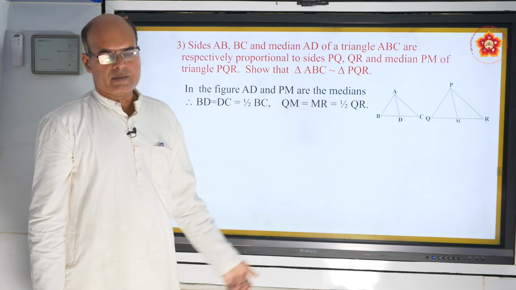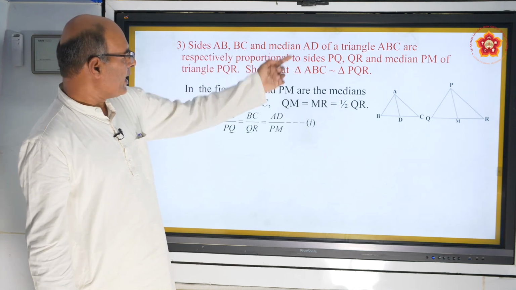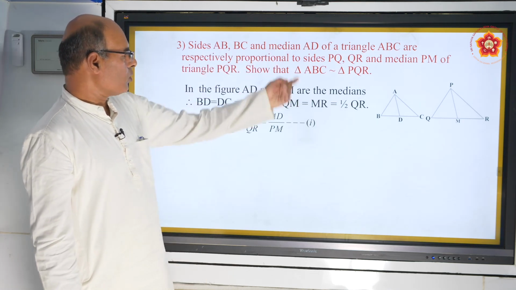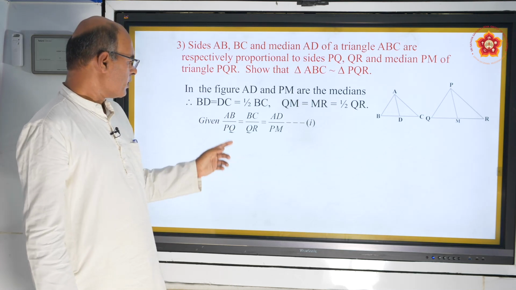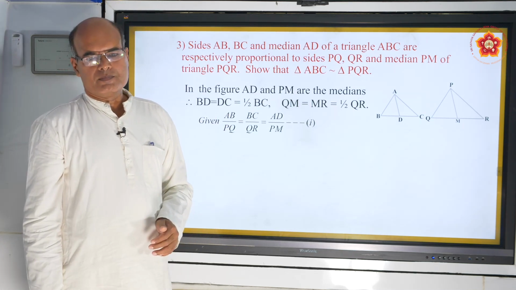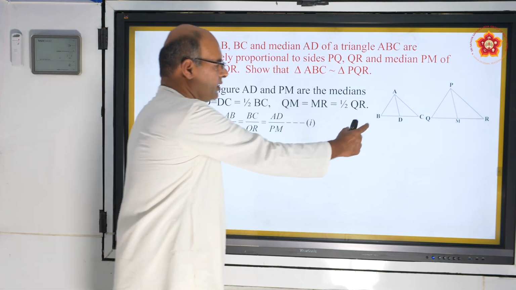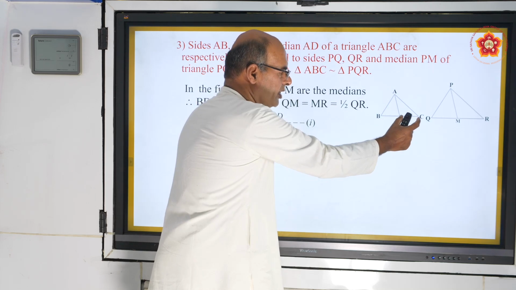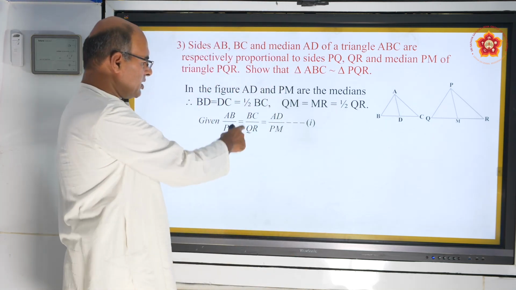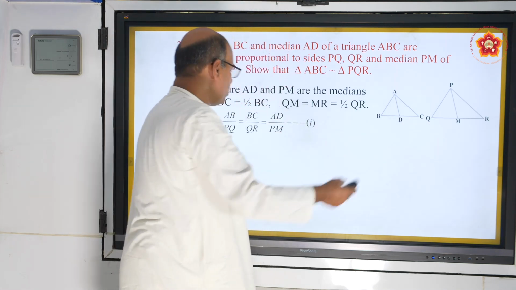So that is the meaning of median. Then it is given that AB, BC and AD are proportional to PQ, QR and PM. AB by PQ is equal to BC by QR is equal to AD by PM. Instead of BC, we can write 2BD, and change QR to 2QM.